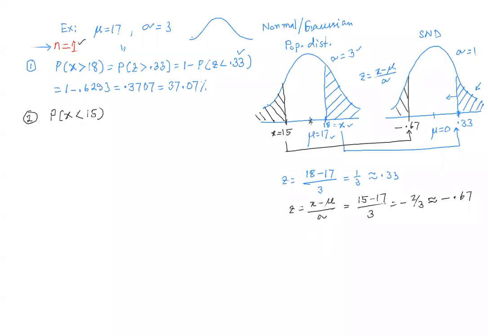So this is equal to the probability that z is less than negative 0.67.